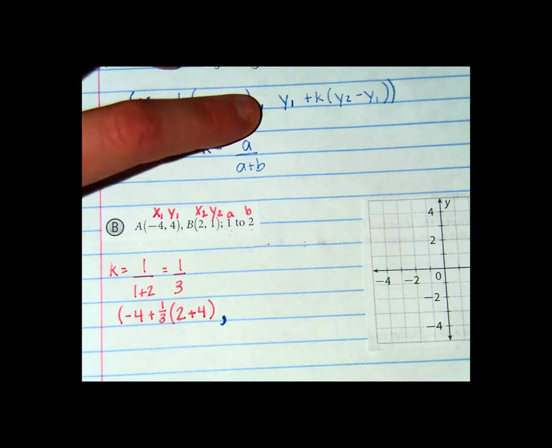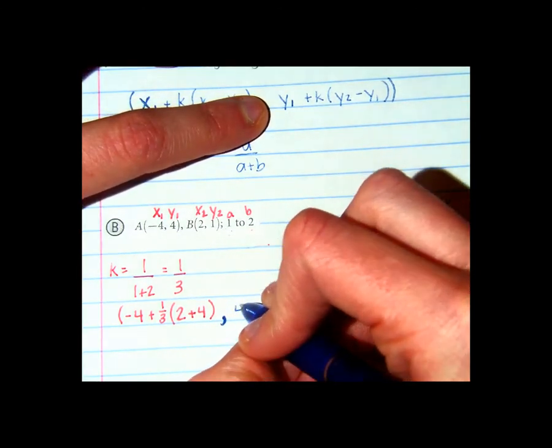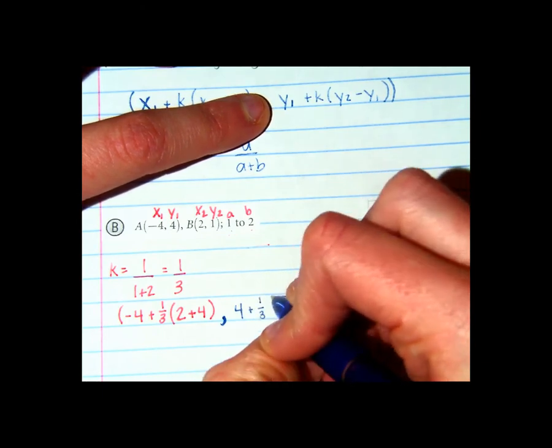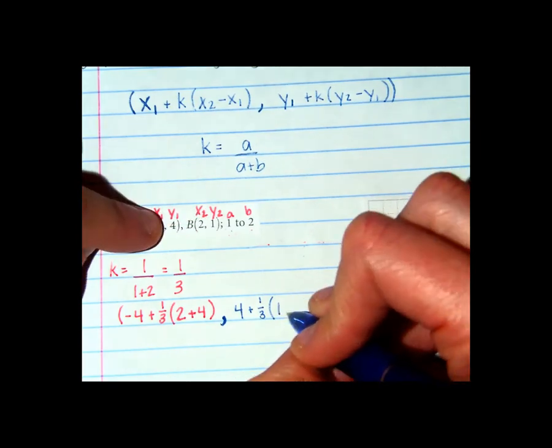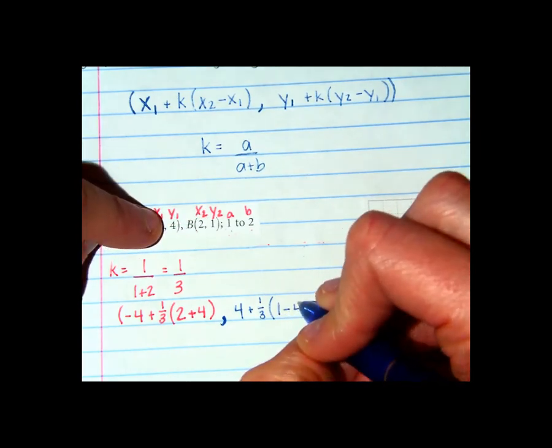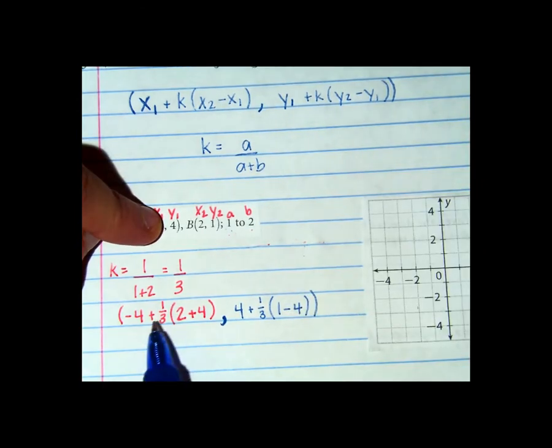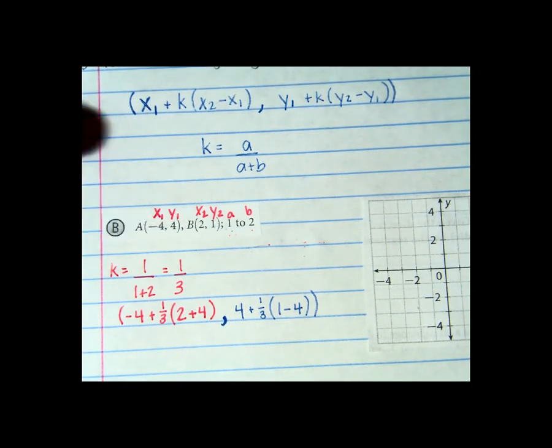Okay. Then I have y1, 4, plus k is 1/3, times y2, and instead of, nope, it's positive, minus y1. So I'm going to take the calculator and plug in the first part to get my x value, plug in the second part to get my y value.